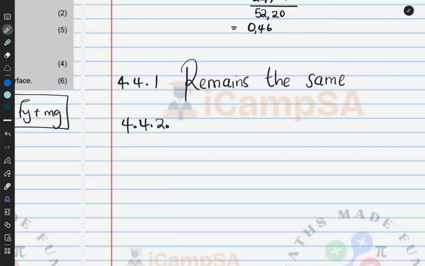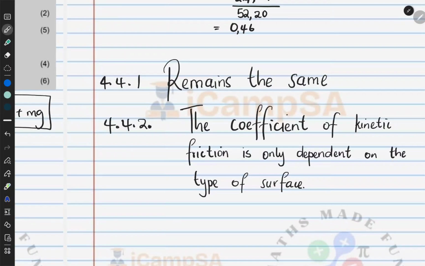Yes, let's use the type of surface. We'll say the coefficient of kinetic friction is only dependent on the type of surface. So that's what we will practically say. This is true for all surfaces.